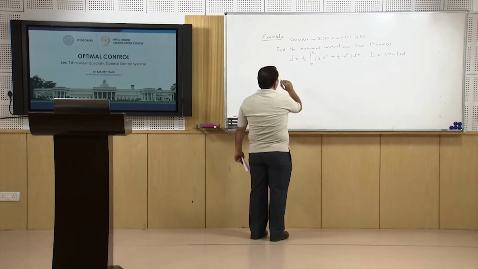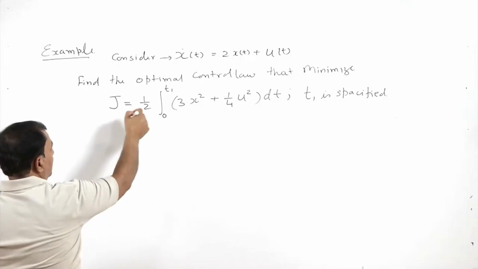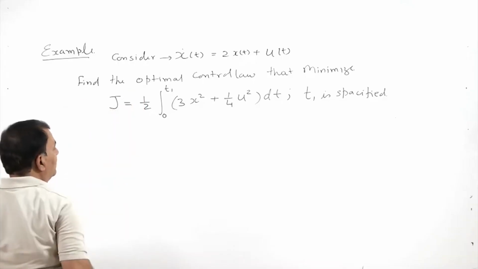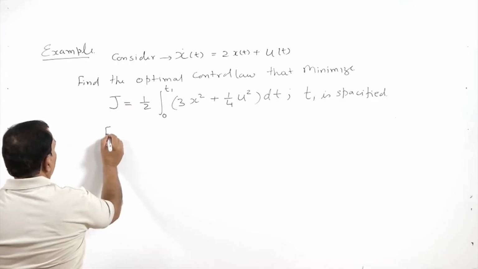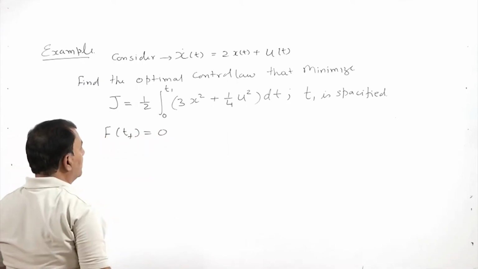So, now if you see what is my terminal condition, because no terminal cost is given, this means f of Tf equal to 0.